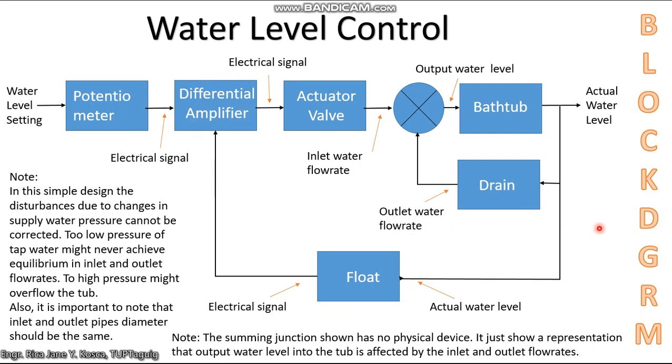Okay? So with the block diagram that you have submitted, you have here a potentiometer. No problem with that. That may be also correct. But we will discuss that further in detail, the design of such potentiometer in our next topic, modes of control.